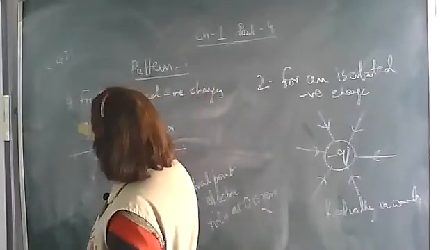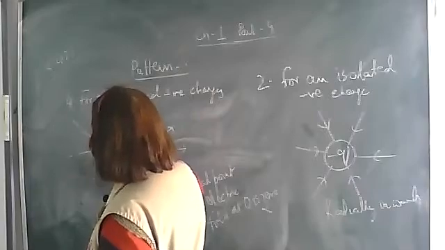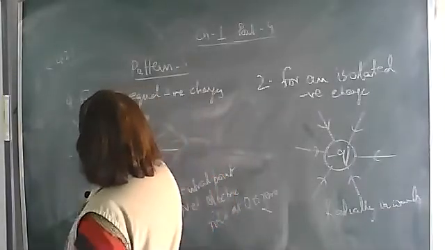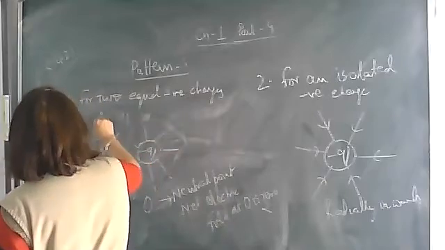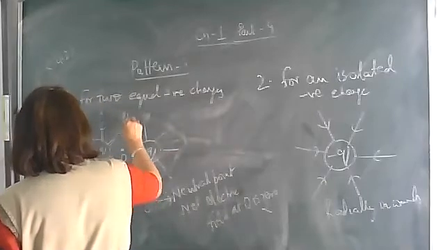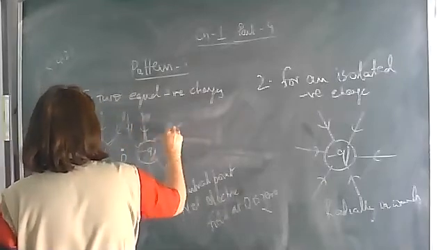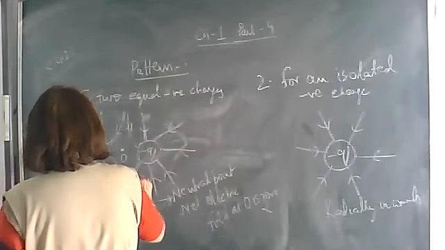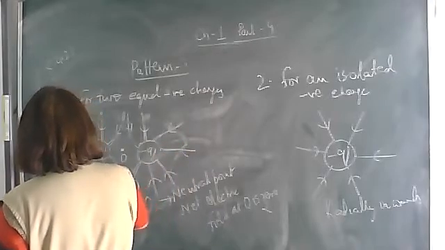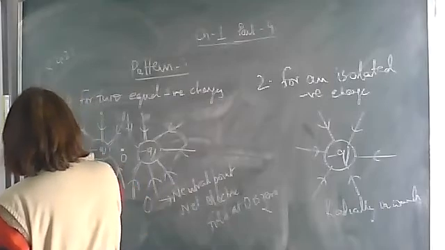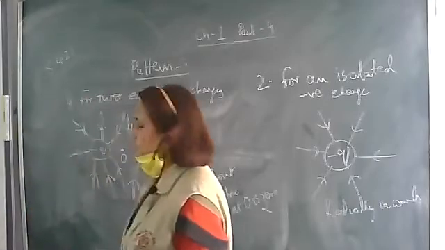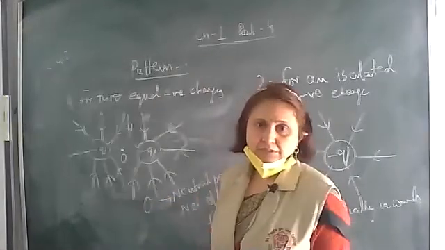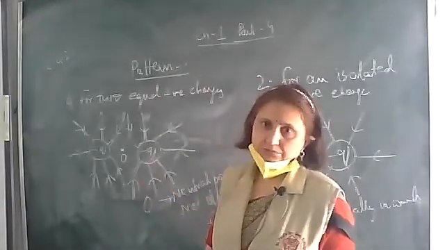So only change the direction of the arrow. Otherwise the pattern is the same, only now the electric lines of forces point inwards. So for two equal negative charges, the pattern will be as shown.